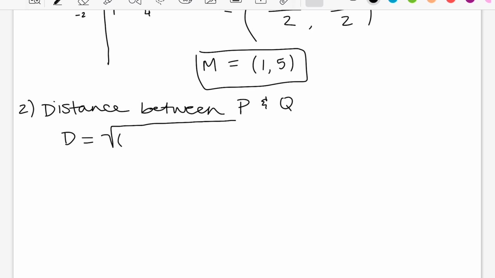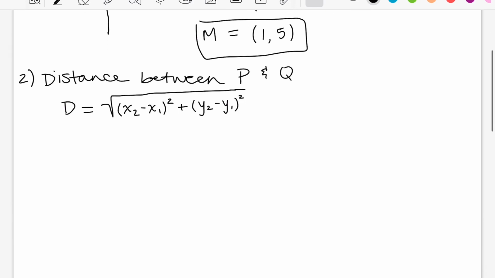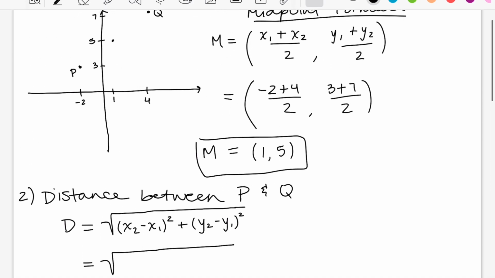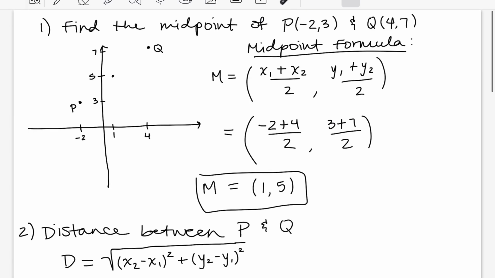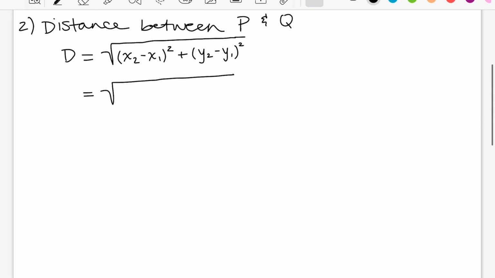We have the square root of x2 minus x1 squared plus y2 minus y1 squared. So again, all we have to do is plug in our given information. Going back up here, our x2 is 4, our x1 is negative 2, then our y2 is 7, and our y1 is 3. So we'll plug these in here.